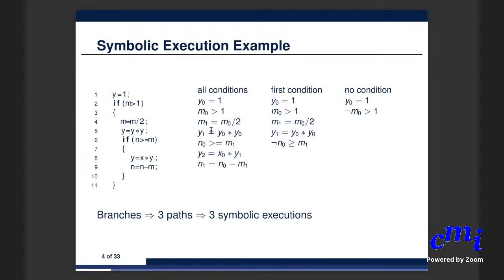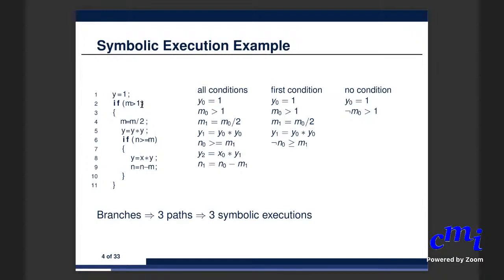But there is one issue: how do you deal with Boolean expressions, which create branches? For that, you will have to split whatever state you get after line 5 into situations where the expression is true or false.